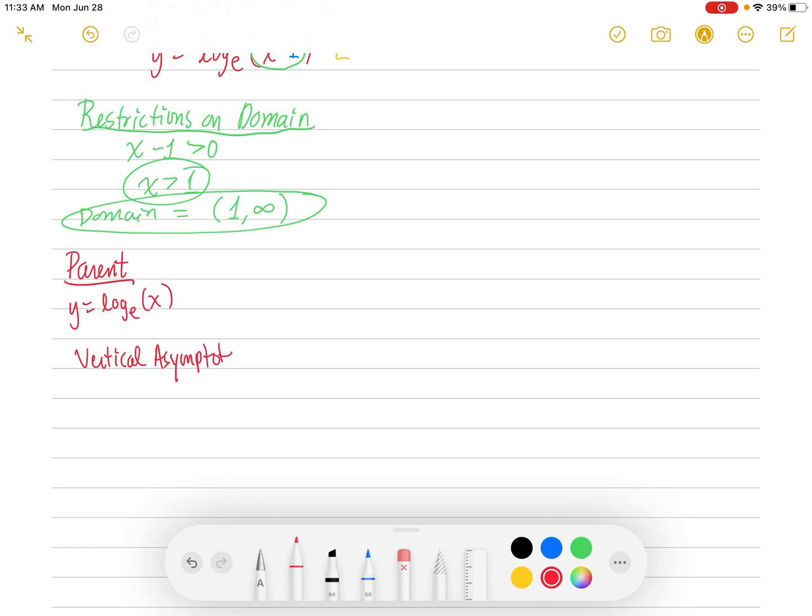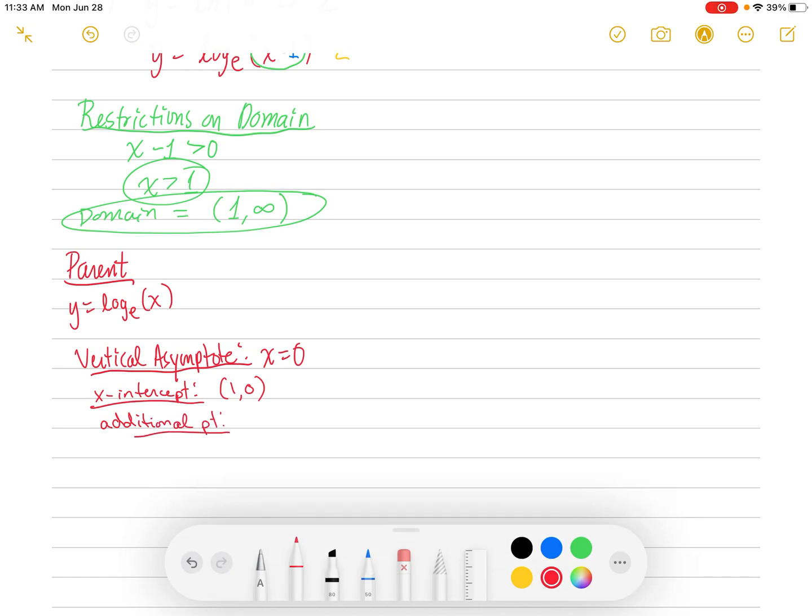So the parent here would be y equals log base e of x. Now we'll have a vertical asymptote at x equals 0. That's for the parent, not for the transformation. Right now we're just working on the parent. We'll have an x-intercept always at (1, 0).